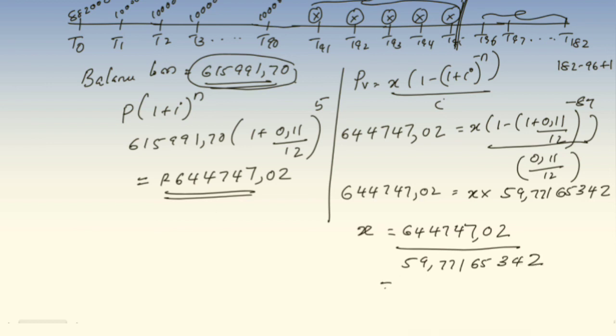So the final answer is 10,786,84 rand. So instead of 10,000, Tabo has to pay 10,786,84, because those 5 months he didn't pay. So that's how we do this question.